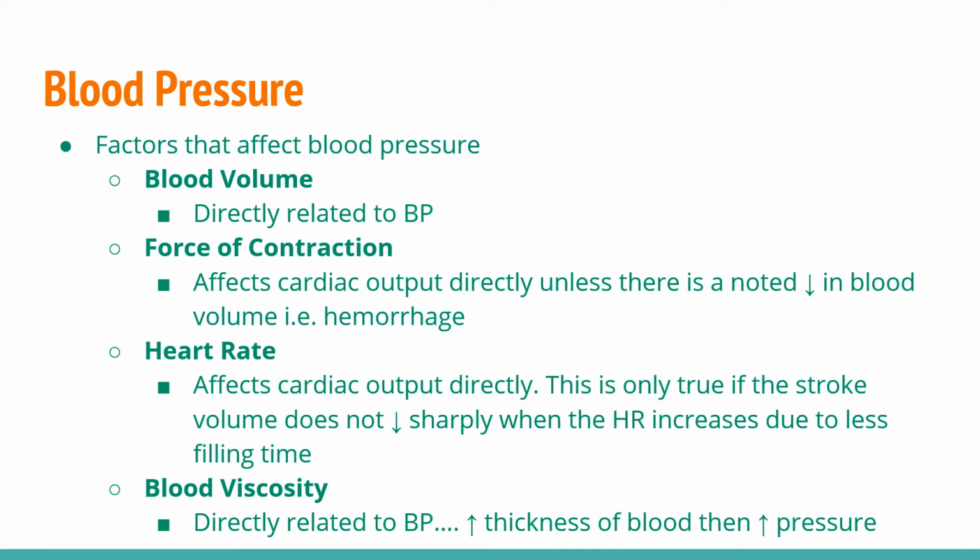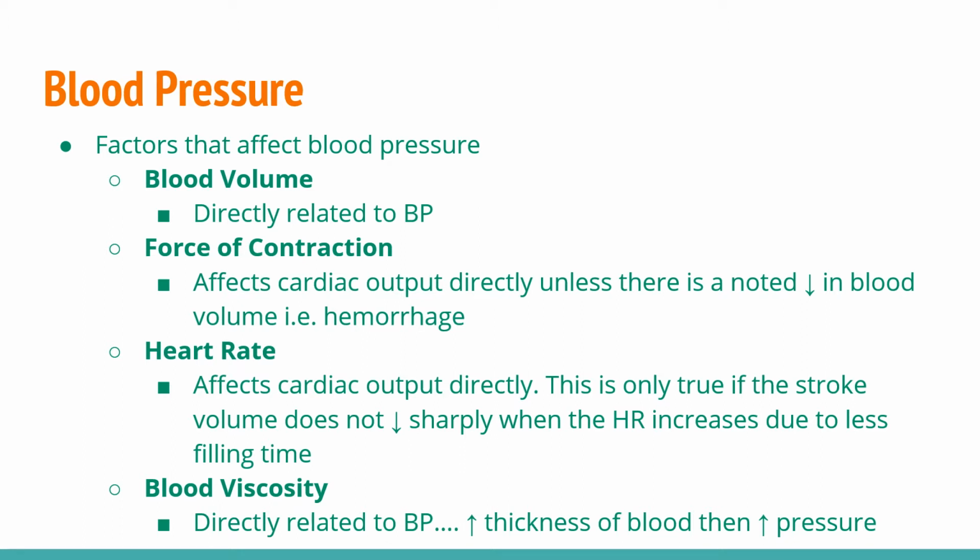Alright, so we are going to talk about some different factors that can affect your blood pressure. Obviously your blood volume is definitely related to your blood pressure. It's a direct cause of your blood pressure.